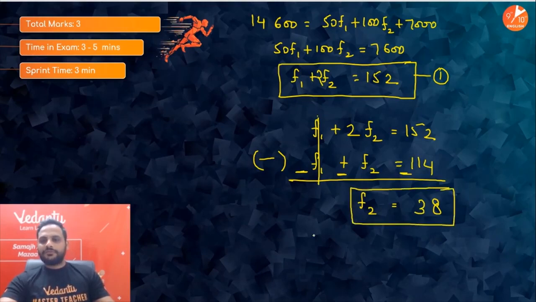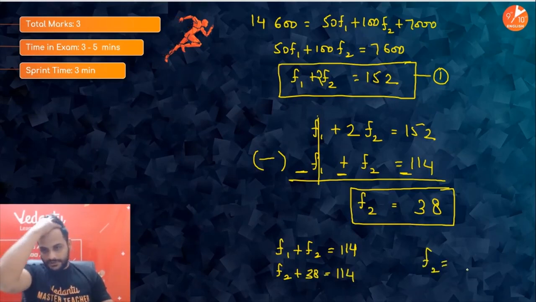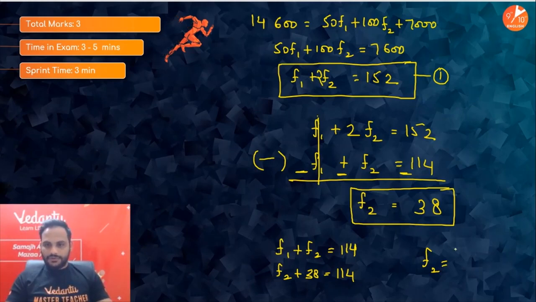Put this value of f2 in any of the equations, so f1 plus f2 is 114, so f1 plus 38 is equal to 114, so f1 will be equal to 114 minus 38.